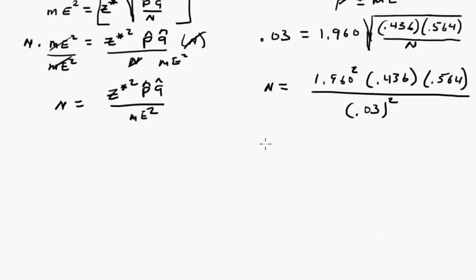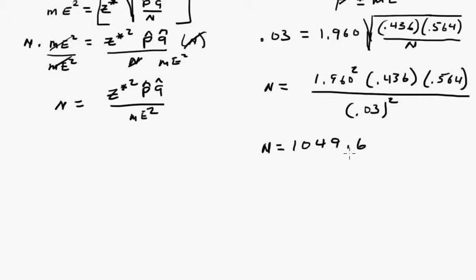And so n becomes, I'll just do it, 1.960 squared times 0.436 times 0.564 divided by 0.03 squared, and I get 1049.6.